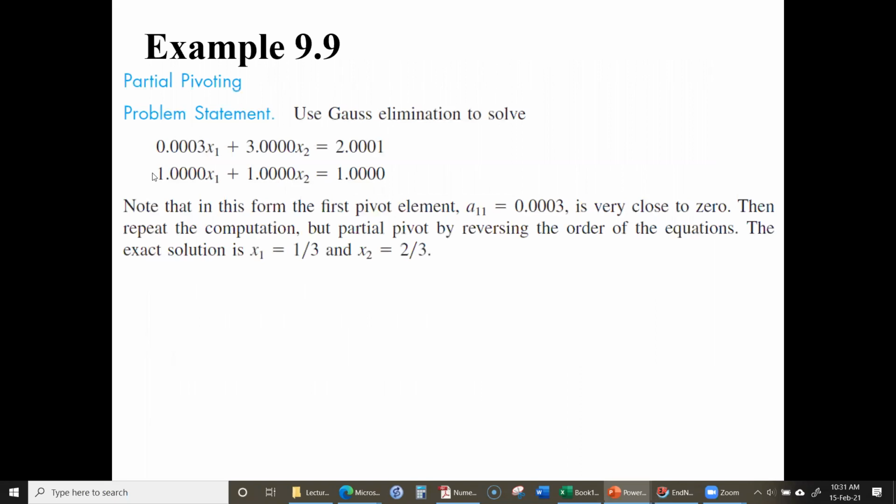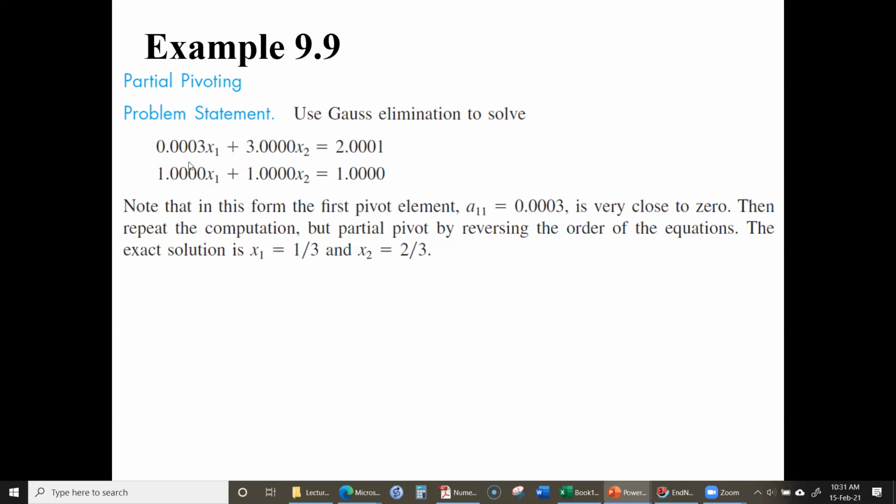So let's see in this case, example 9.9. In this first equation, 0.00003 x1 plus 3 x2 is equal to 2.00001 is one equation, and in the second equation we have this.